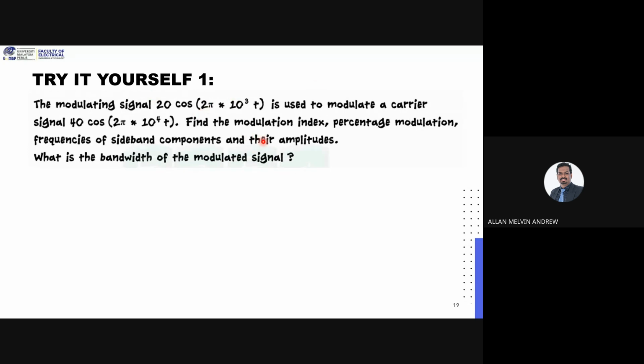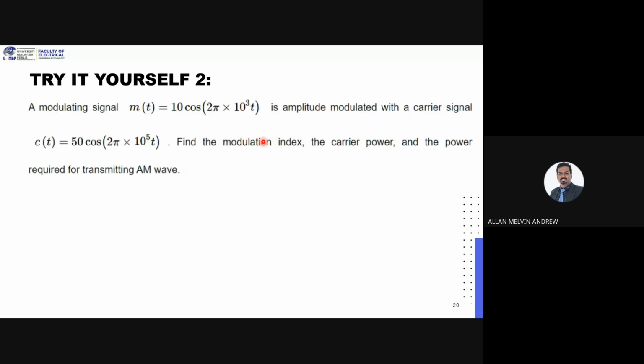So this is your first question, and this is your second question. The modulating signal mt, 10 cos 2 pi times 10 to the power of 3t, is amplitude modulated with a carrier signal.